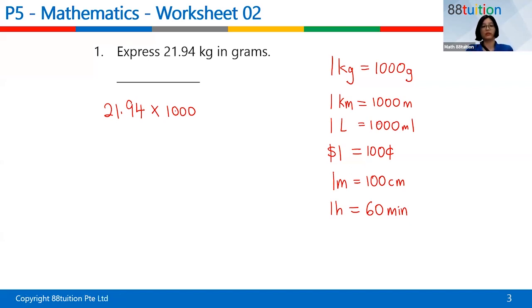There is 3 zeros, which means we have to shift this decimal point 3 times to the right. When there's an empty space here, we just put a 0, which means it's 21940. Now let's check again: 1, 2, 3. For this type of shifting of decimal point, I always check. It's very simple, just 1 second to check whether you shift correctly. Understand?